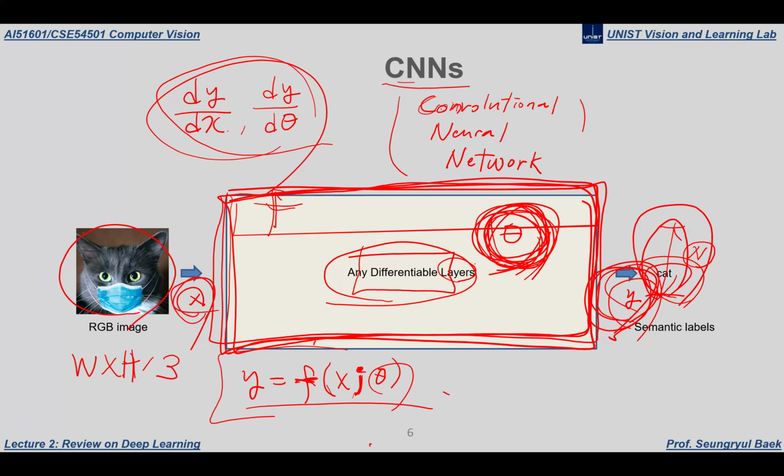How they are improved is that, given this X, they want to make their prediction Y close to the corresponding ground truth. In that direction, the parameter vector is improved during the training stage.